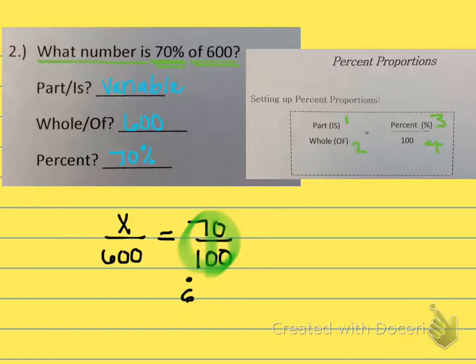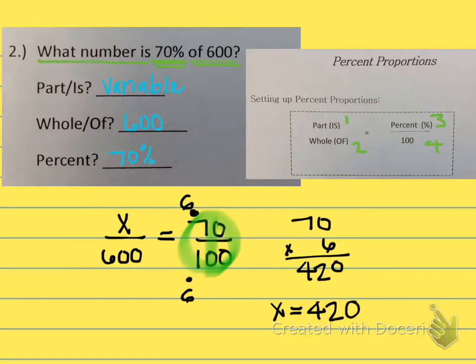What I do on the bottom, I have to do on the top. So 70 times 6 is what I'm going to do to solve for x. 7 times 6 is 42. So that means that x equals 420. And let's box that.